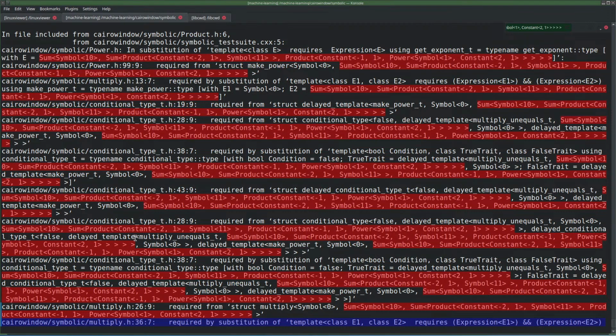Delayed template multiply type multiply on equals. That's some symbol multiply make power to symbol.